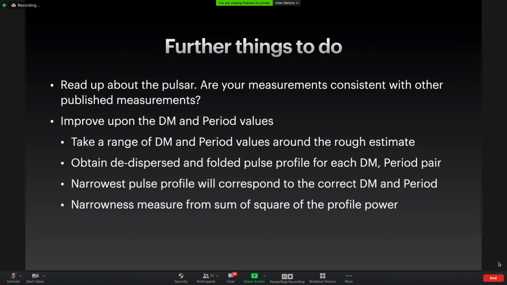You can do that over a matrix of dispersion measure and period values to get the narrowest profile, and hence more accurate DM and period values for this data. Then you can read up more about this Vela pulsar, see what DM values they have calculated, and see how well they match.